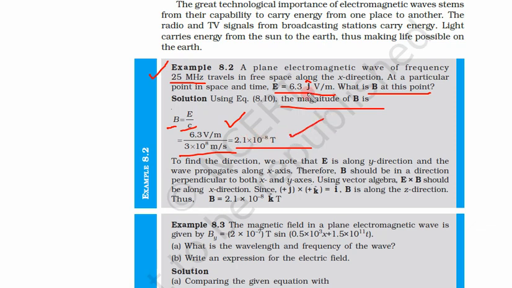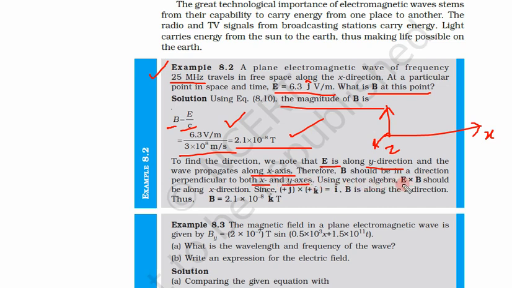Now we have to find the direction. To find the direction, we note that E is along the y direction, and the wave propagates along the x axis. So the x axis is occupied, the y axis is occupied, only the z axis is remaining. Therefore B should be in the direction perpendicular to both x and y.